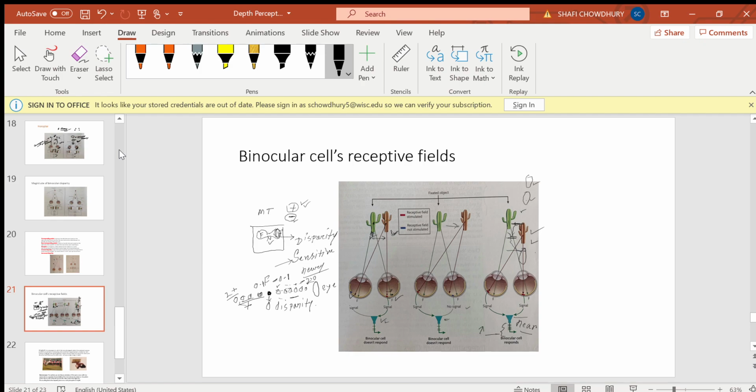So that is how the disparity sensitive neurons work. Okay, so let's stop here. These are the things you need to know about visual depth perception. Thank you.